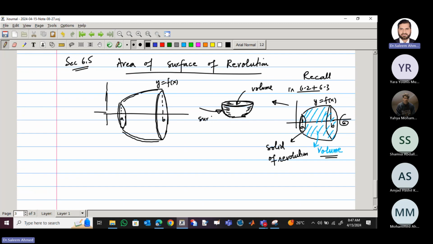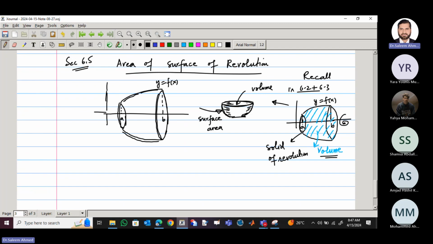The outer thing is the surface area, or the area of surface of revolution. Got it? So this is the difference between 6.2, 6.3 and 6.5.